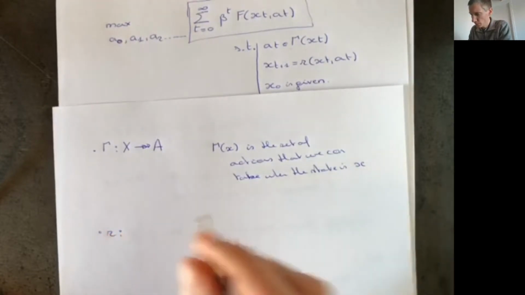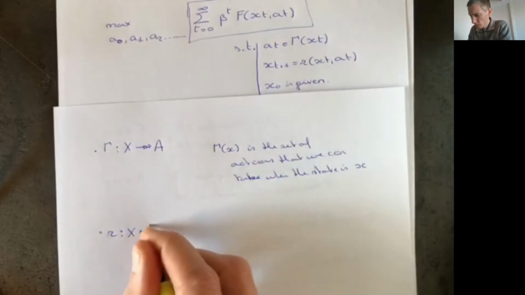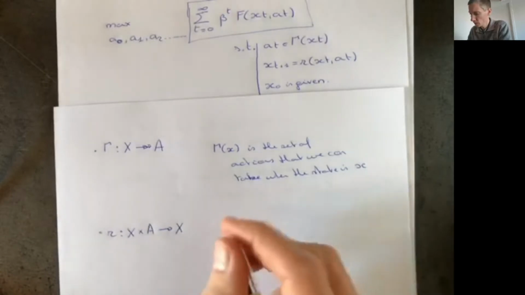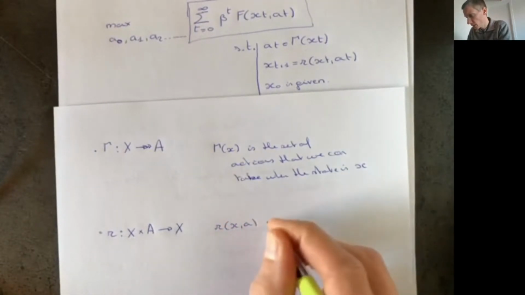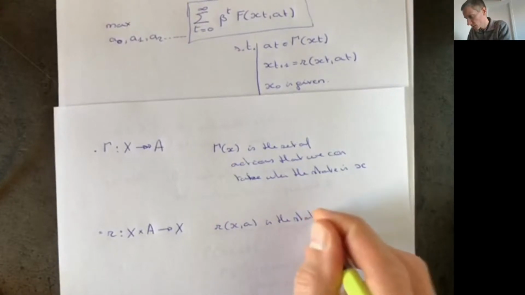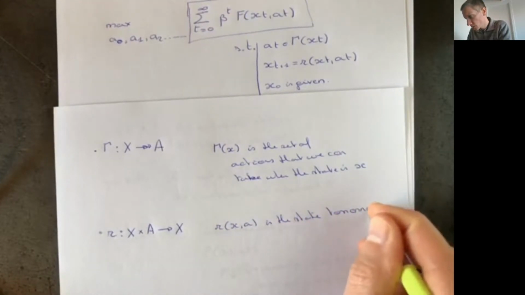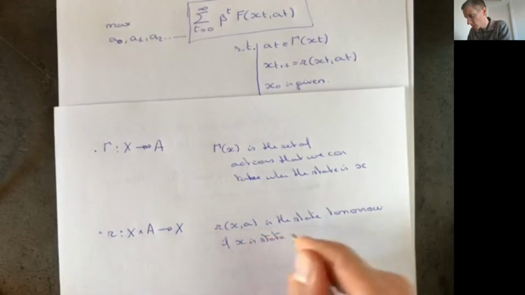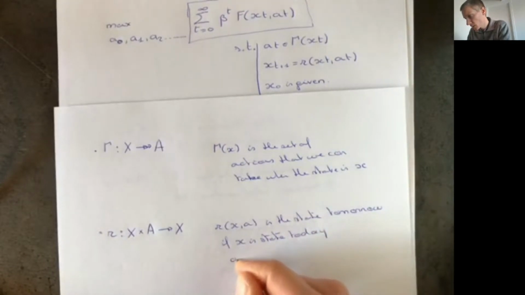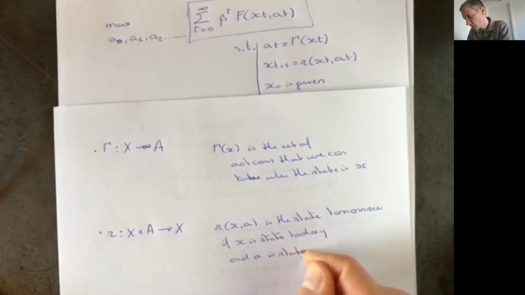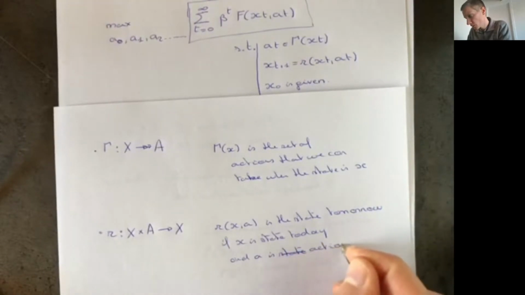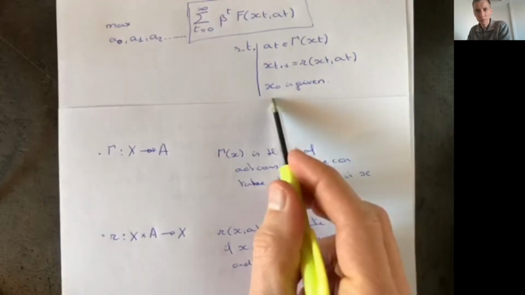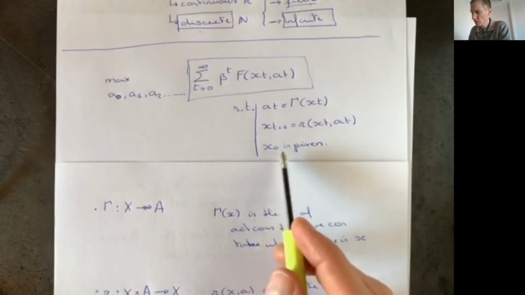So R is here a function, it takes a state and it takes an action and gives us a new state, so it goes to X. Okay, so R(x, a) is the state tomorrow if x is the state today and a is the action today. Okay. And then the final thing is that x0 is given.